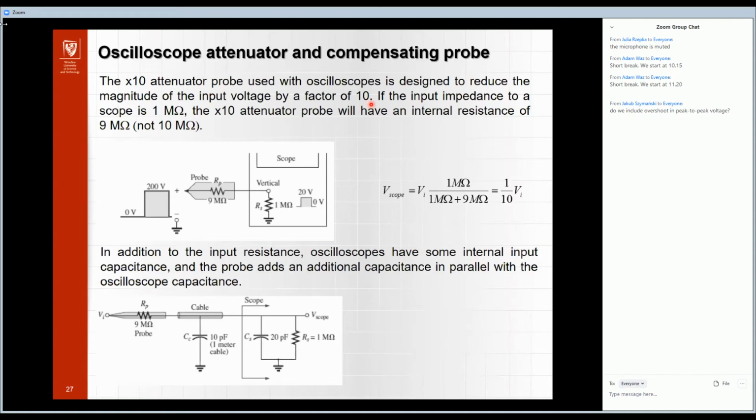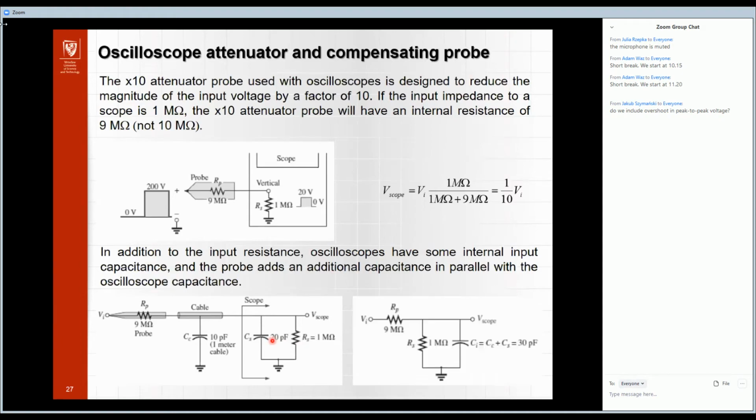because we have some additional parasitic capacitors. For example, the parasitic capacitance from the cable, and also in the scope we have parasitic capacitance, and most producers give information about this on the scope, and you can see near the input the internal resistance and internal capacitance.